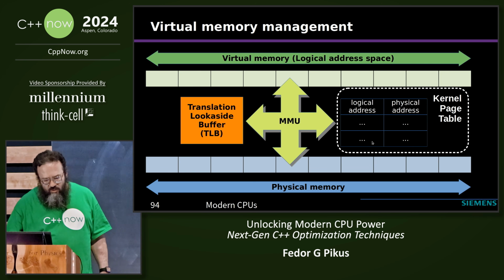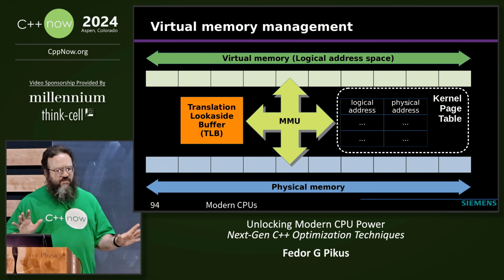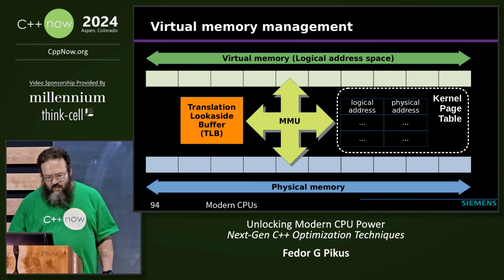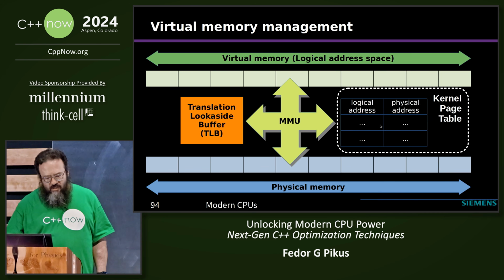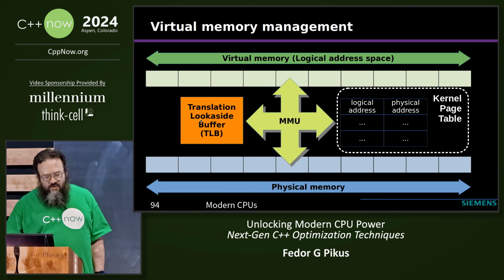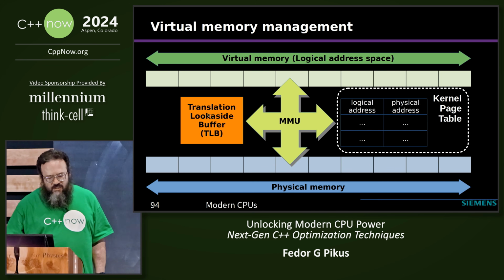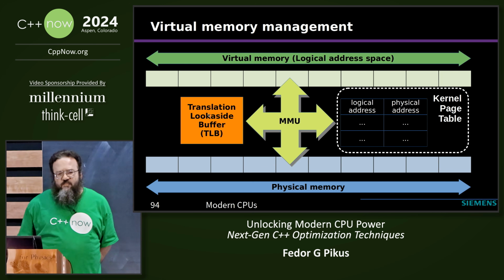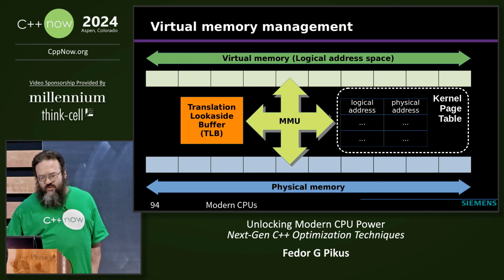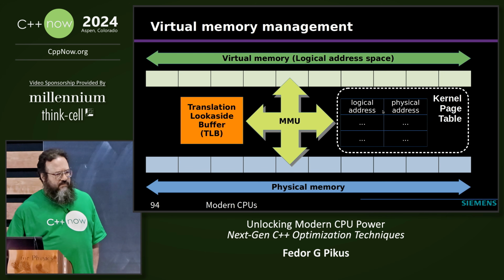The kernel has the full mapping of logical addresses to physical addresses for every process running on your system. It would be painfully slow to actually go and look into that table every time. So there is a hardware component, the translation look-aside buffer, TLB. And that's basically a hardware accelerated version of this same map.